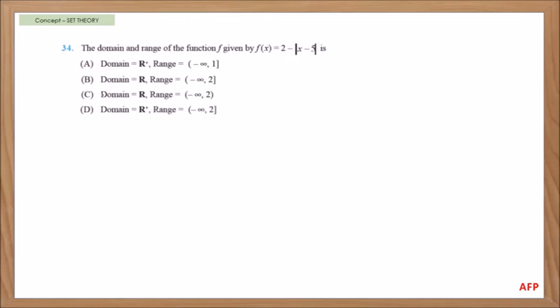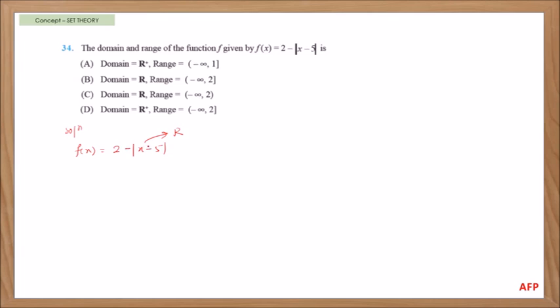Domain and range. So what is domain? What is range? For the domain of the function, you can easily predict all the values of x for which the function is defined. Modulus of x, you can substitute any real number, because it is defined for all the real numbers. The denominator is not there, the square root is not there, only the modulus function is there.